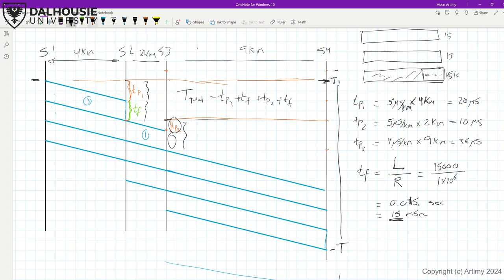Then let's do this again. We have here TP3 and TF, TF, TF, three TFs, right? So that's TP3, the propagation time from 3 to 4, plus 3 TF.